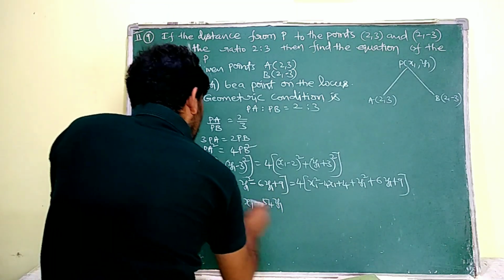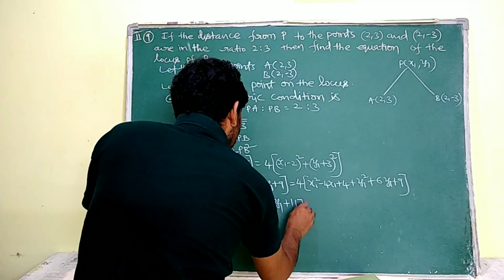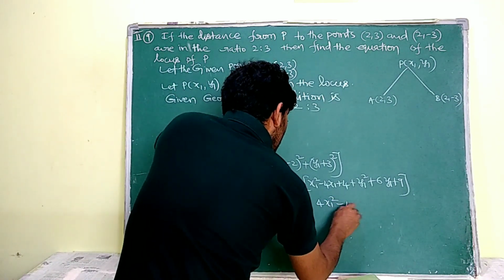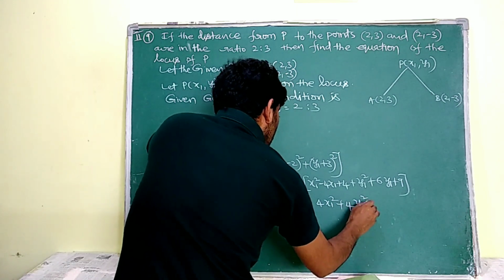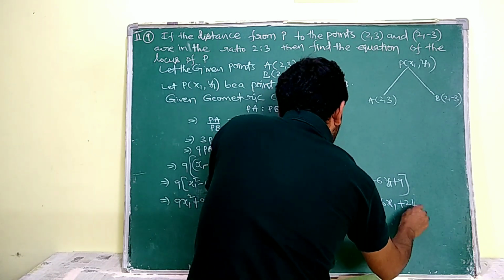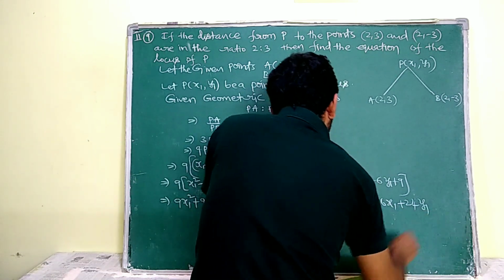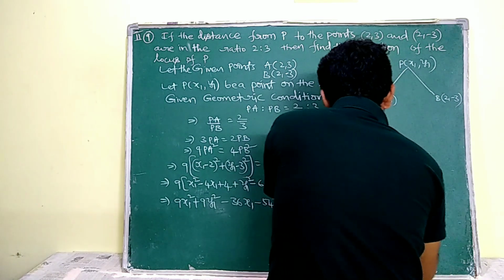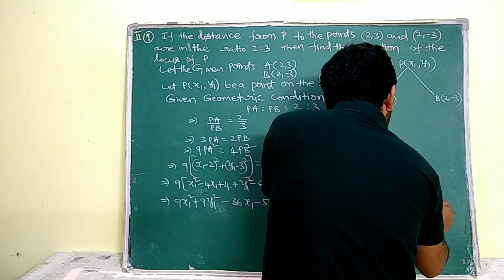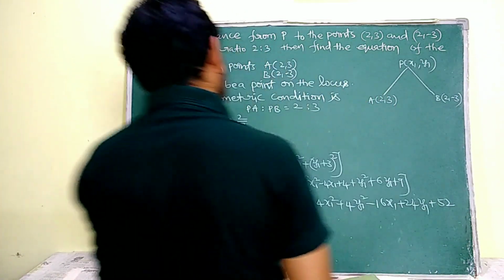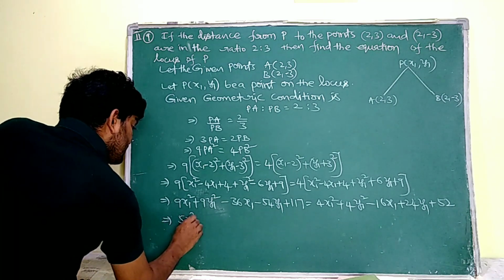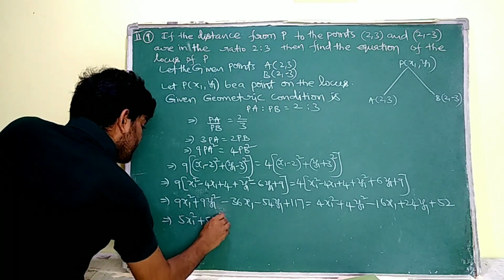13 9s are 117, is equal to 4x1 square plus 4y1 square minus 16x1 plus 24y1, and it is 9 plus 4 again 13, 13 4s are 52. Bring all the values to this side. Then 5x1 square plus 5y1 square.